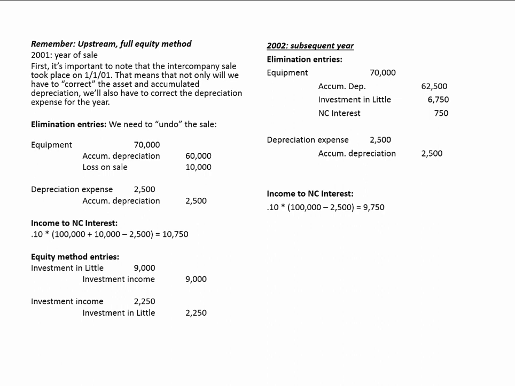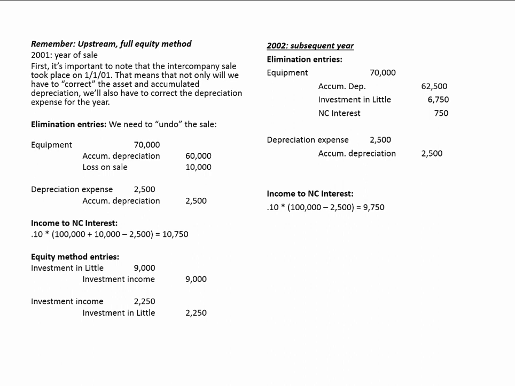The income to the non-controlling interest, again, as before, we're going to give 10% of the adjusted/realized earnings. We start with the reported earnings of $100,000. We look at those two elimination entries and say, how did those affect earnings? The only one of those 6 lines in the elimination entries that involves an income statement account is that $2,500 debit to depreciation expense.